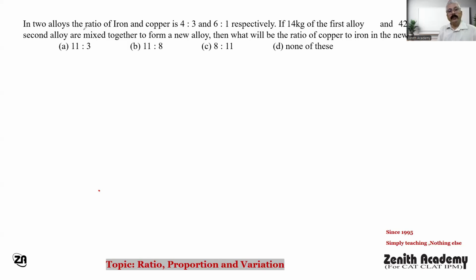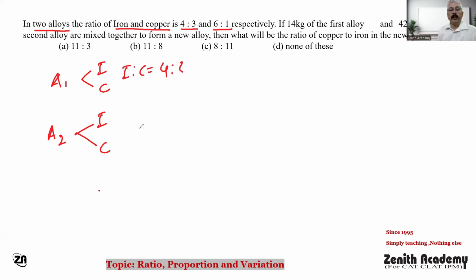Two alloys, the ratio of iron and copper is 4 is to 3 and 6 is to 1. Suppose this is alloy 1 and this is alloy 2. Here iron and copper, here also it is an amalgamation of iron and copper. The ratio here, iron is to copper, is given 4 is to 3. And in this case, iron and copper ratio is given 6 is to 1.